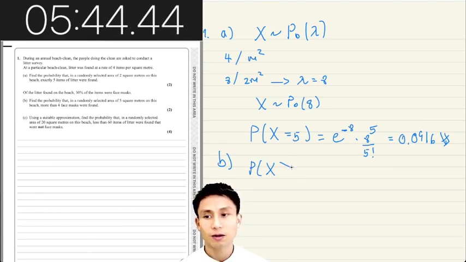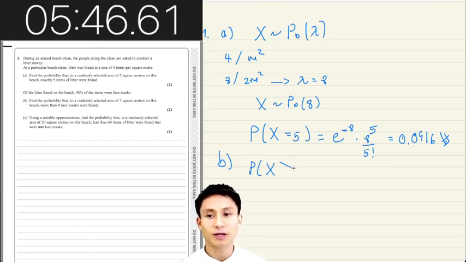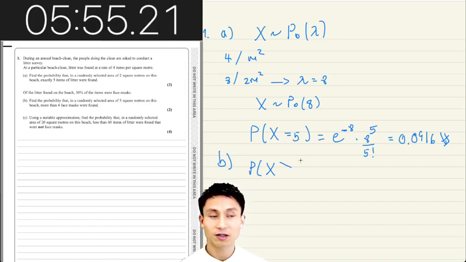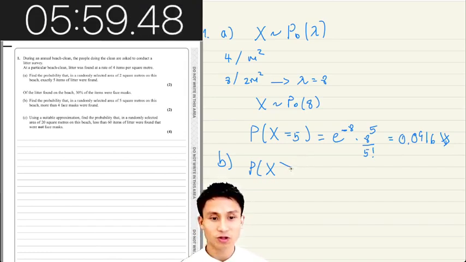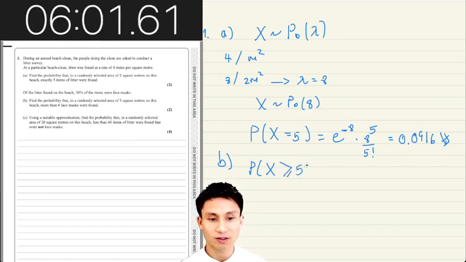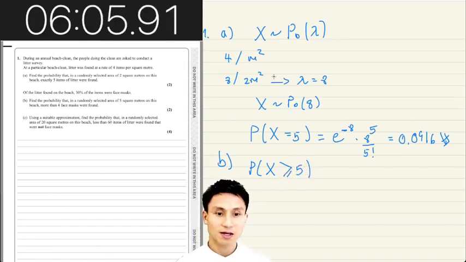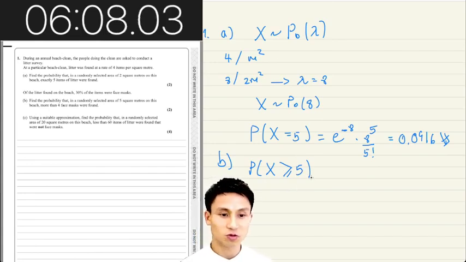Finding a face mask more than 4 is only possible when the number of items of litter are greater than 4, right? So I'm going to do greater than or equal to 5 first, because this is discrete. We're going to get this from the Poisson distribution, all right?